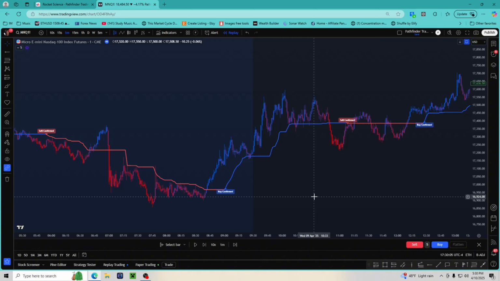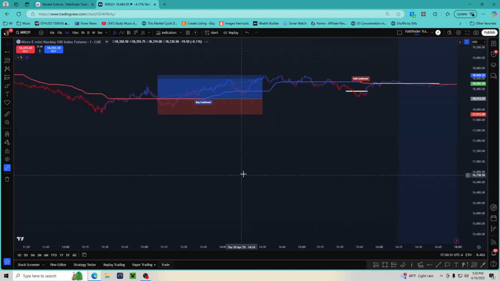It gives a sell confirmation, but that's not an actual sell confirmation, just so you know. So if you took that, you would have taken a potential small win, or you might have taken a loss, depending on how it played out for you. So you need to watch those.